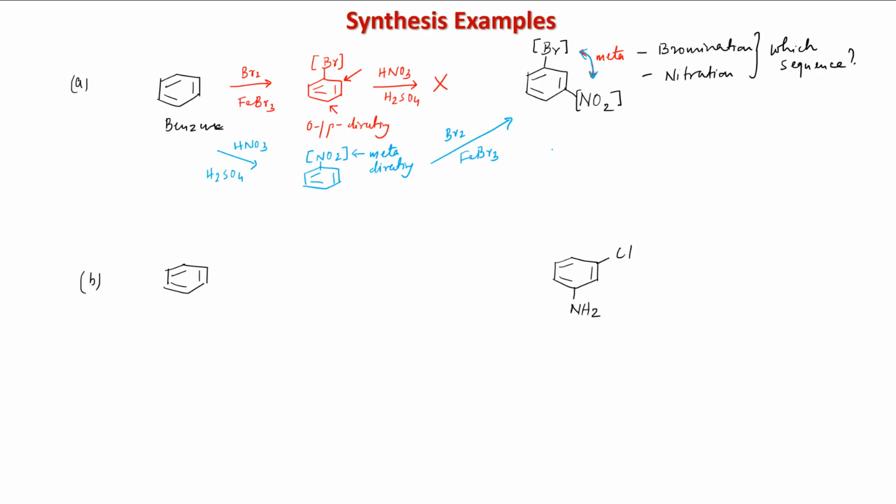So we are able to get the desired products using the sequence. So that means the correct sequence is going to be to do the nitration first and follow that with a bromination to get to the product.